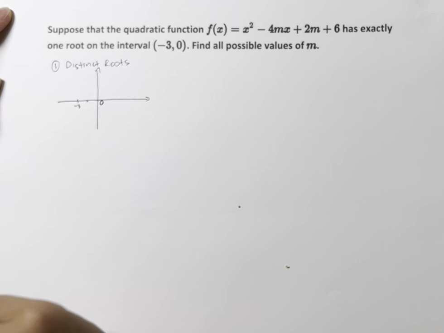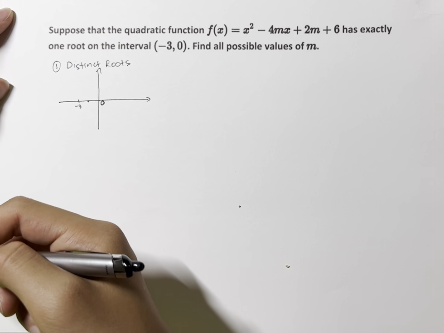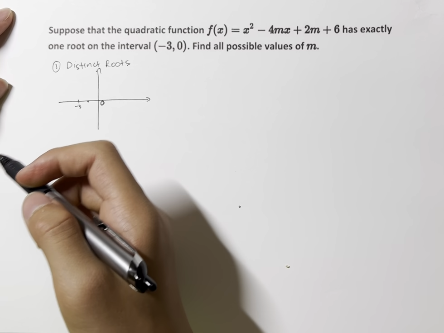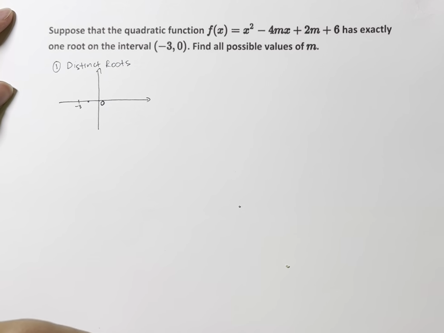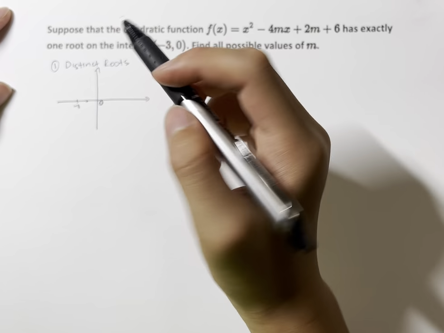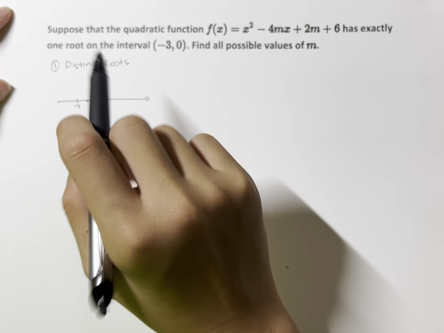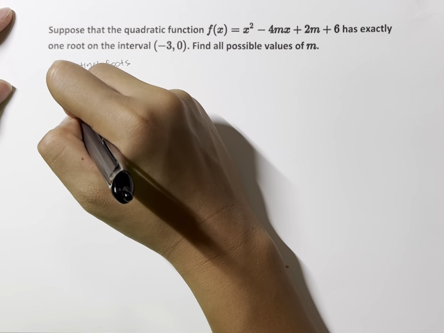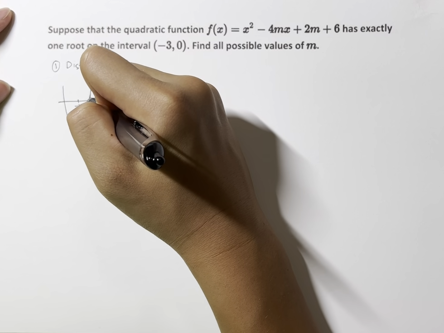We don't know whether the other root is to the left or right of this one, and it doesn't matter since we don't know the value of m yet. So let's just assume it's to the left. If it's to the right, the conclusion will be the same. So we pass through this point.